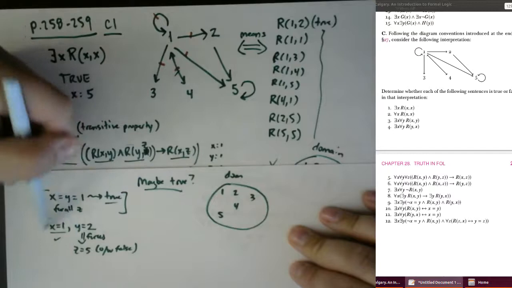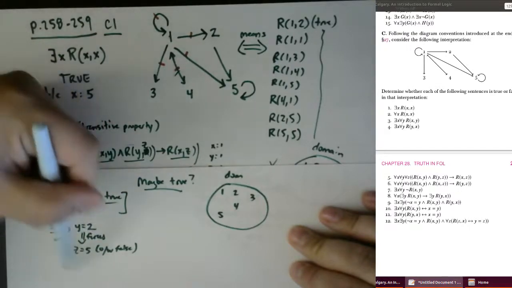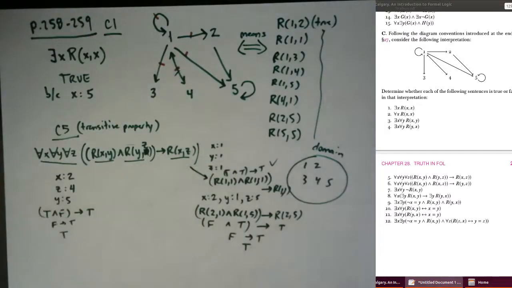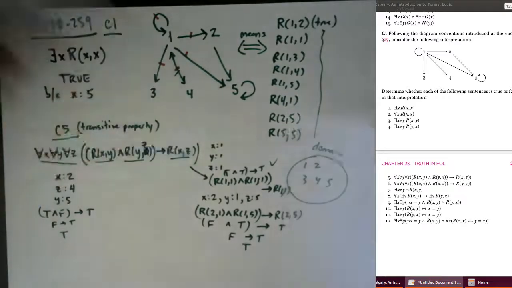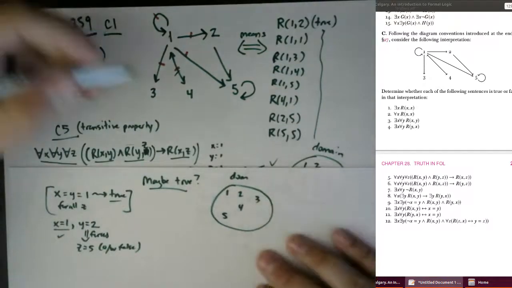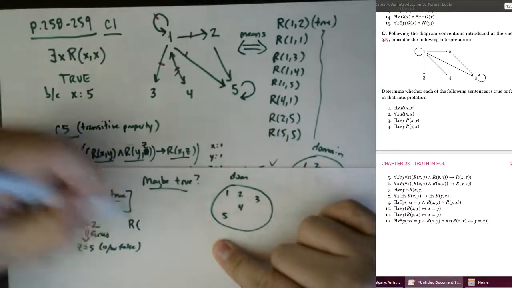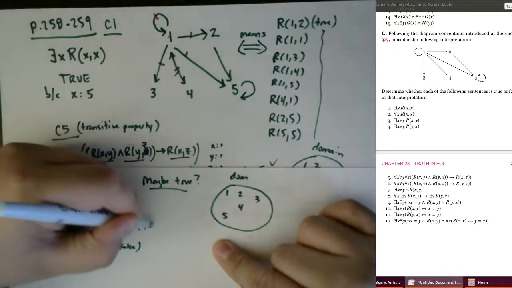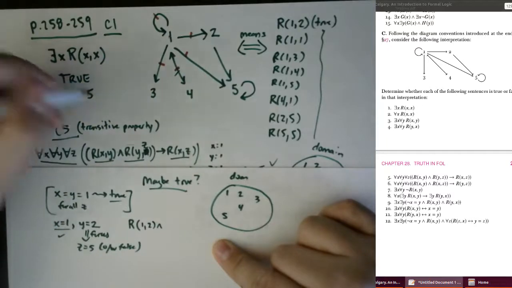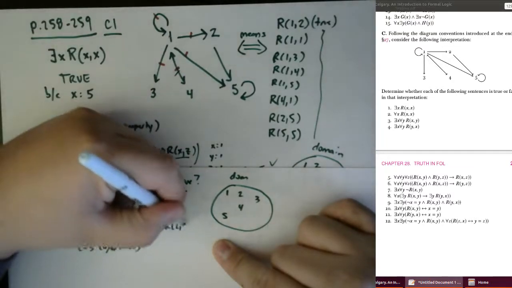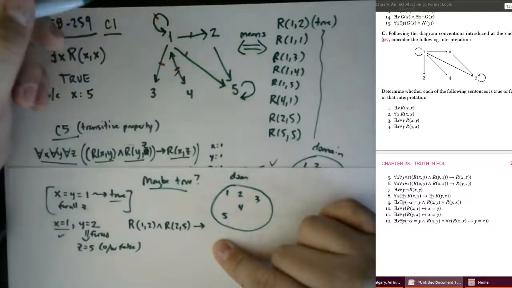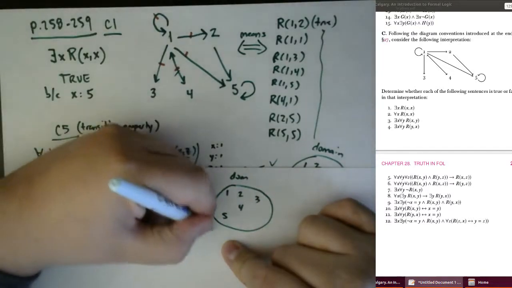So we're still seeking a counterexample, but we're going at it systematically at this point. Now, in this case, X equal 1, Y equal 2, Z equal 5, did we do that one already? No. So if X equal 1, Y equal 2, and Z equal 5, you would have R1,2 and R2,5 implies R1,5.